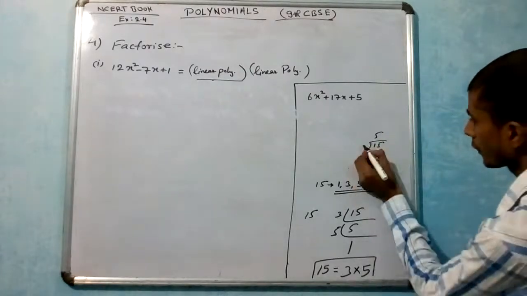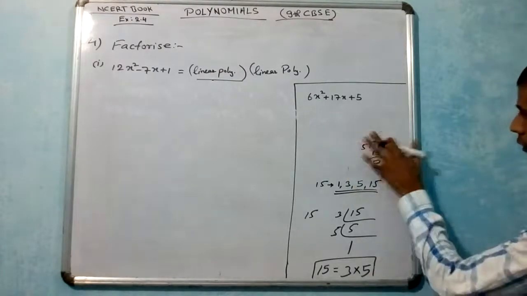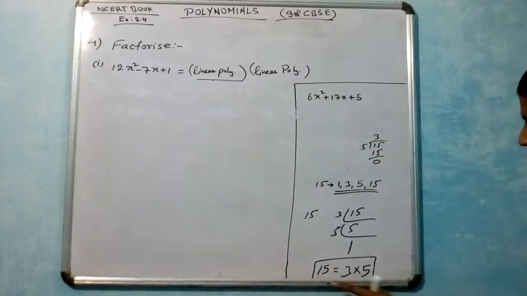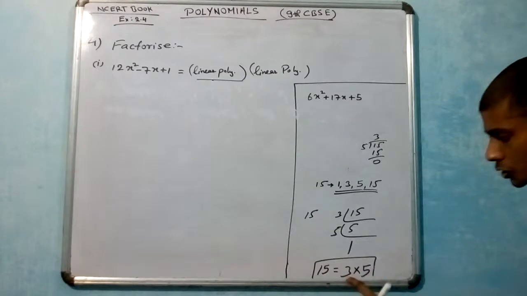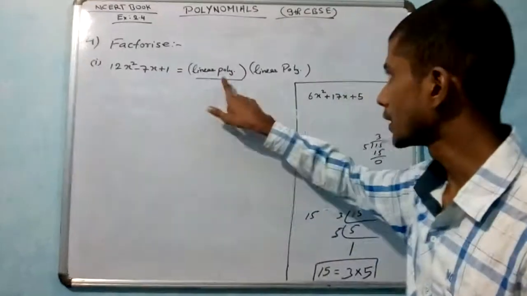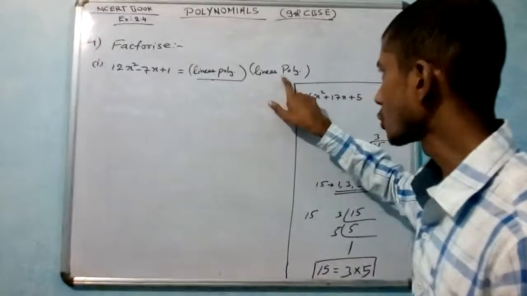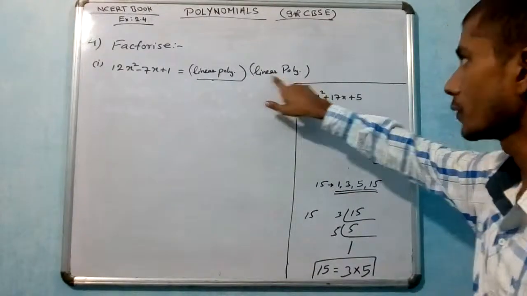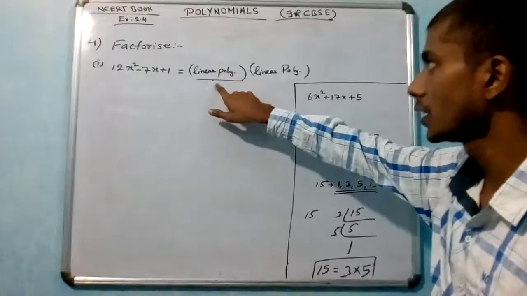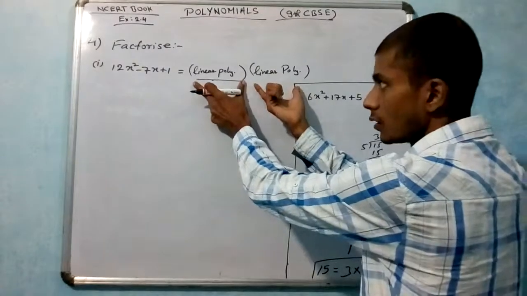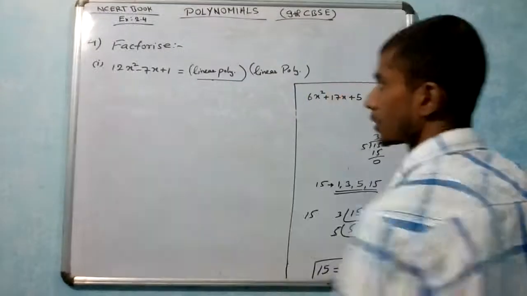When 15 is divided by 5, we get quotient 3, remainder 0. Understood? So when this polynomial is divided by this linear polynomial, we get the other linear polynomial as the quotient, remainder 0. Why? Because these two are the factors of this quadratic polynomial.